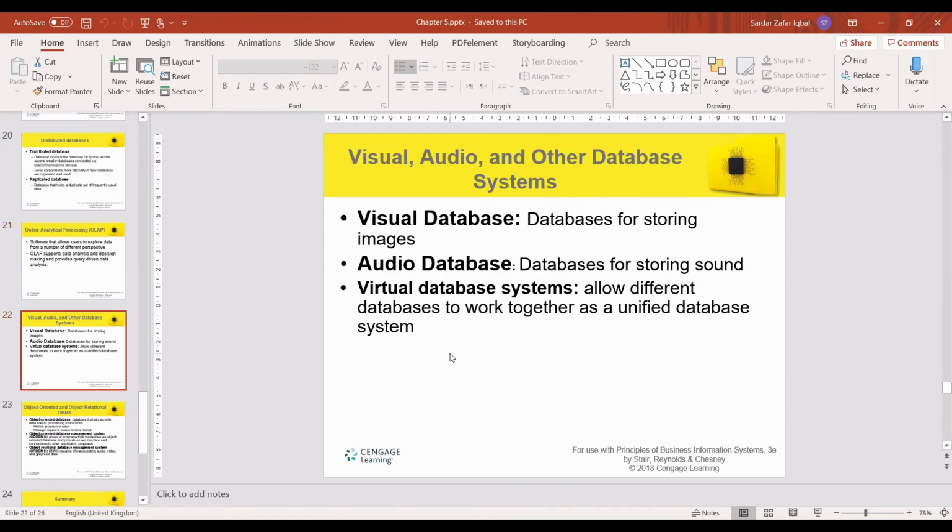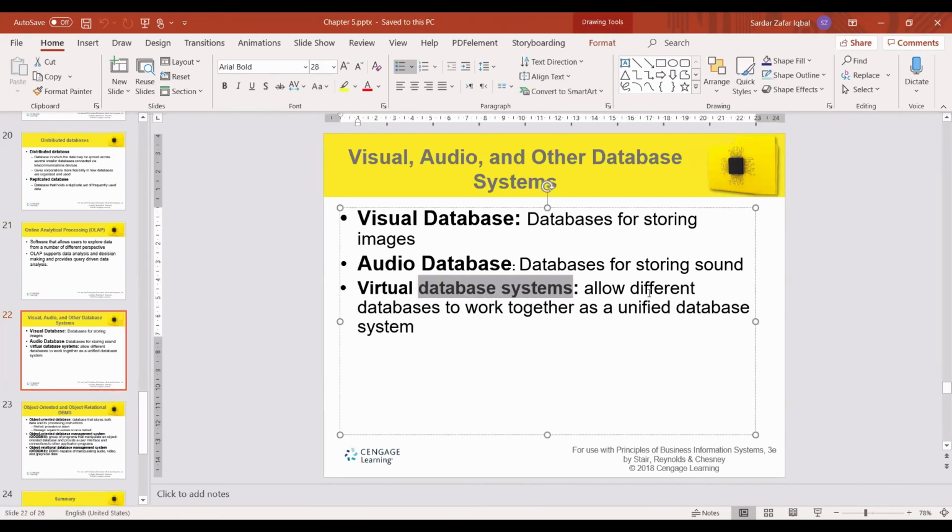Visual databases are databases for storing images. You can store images in a visual database. You can store audio files. You can store videos. Virtual database systems allow different databases to work together as a unified database system.